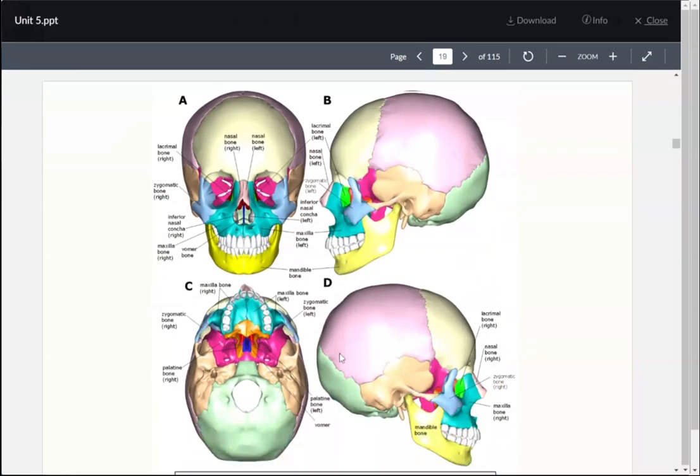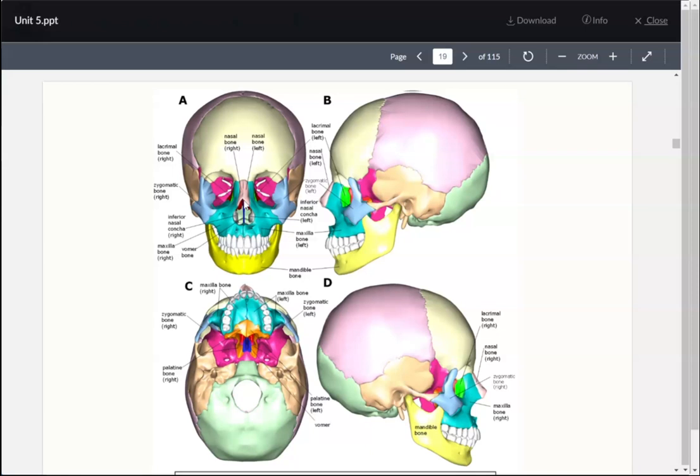Another thing that you're going to need to be able to identify is the facial bones. So this is going to include the bones of the skull. Right here we actually have the frontal bone. This is going to be one of two parietal bones, temporal, occipital here in the back. Those are the skull bones.